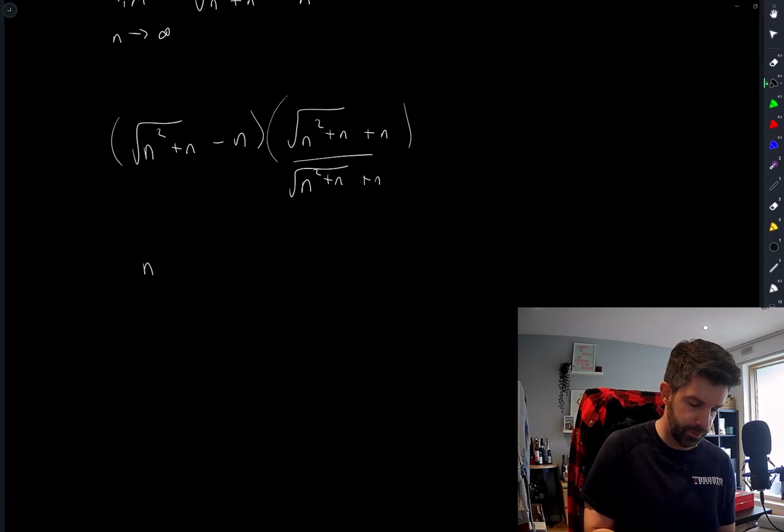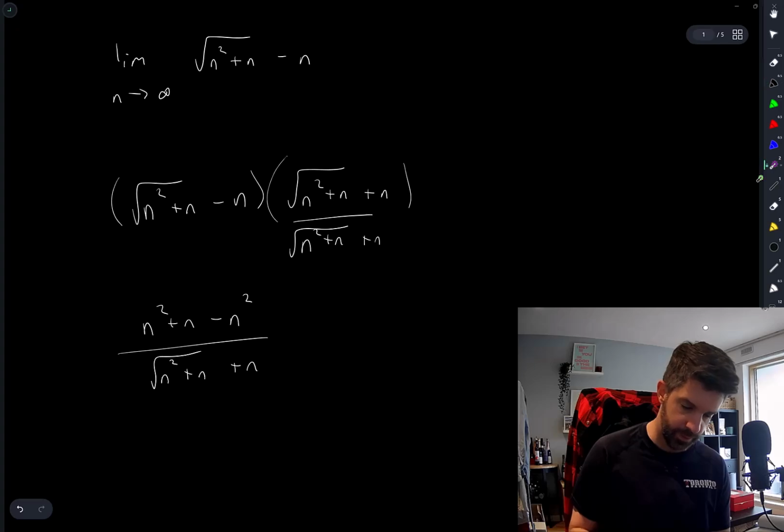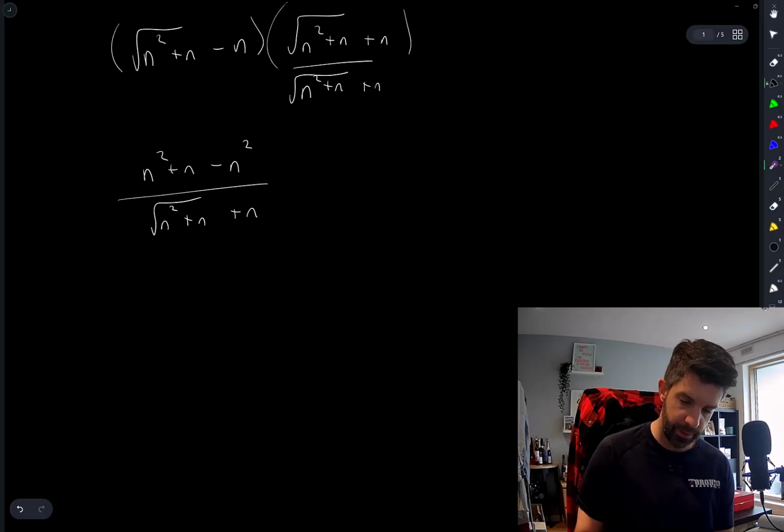So this gives n squared plus n minus n squared, divided by the square root of n squared plus n, plus n. If I think of that and that as separate terms, then this looks like the factorization of a difference of squares. And what do I have here?